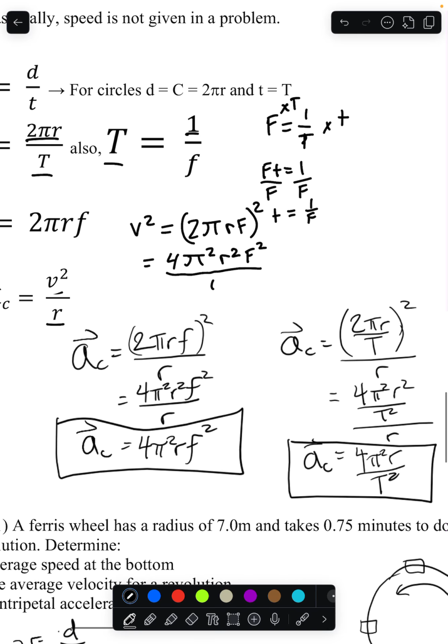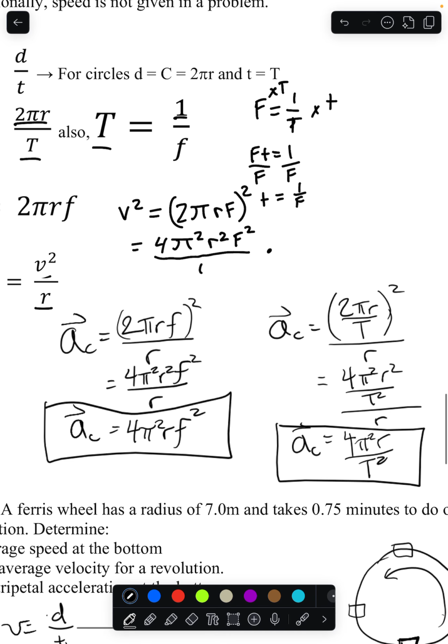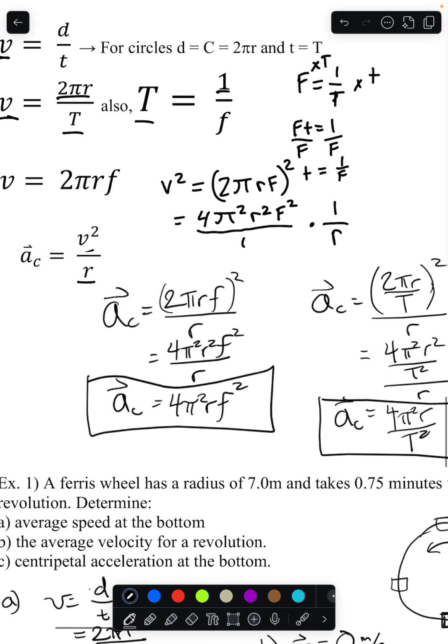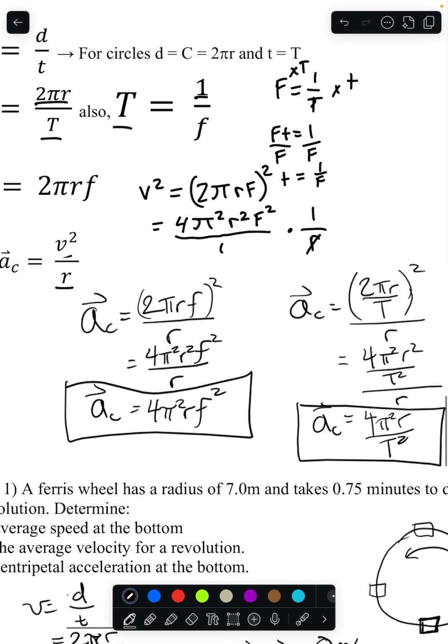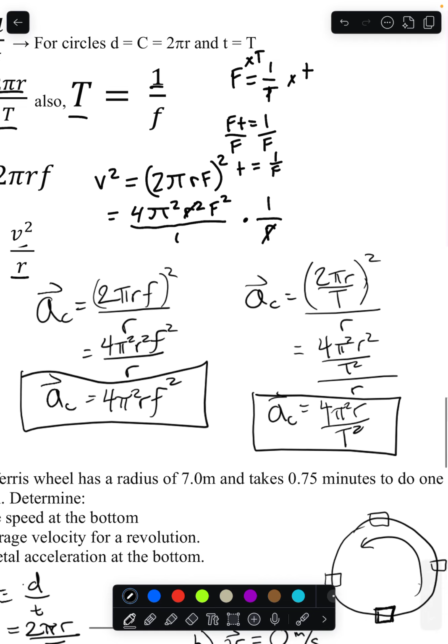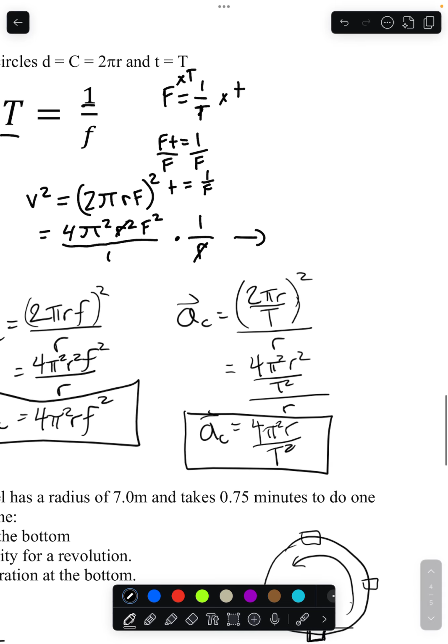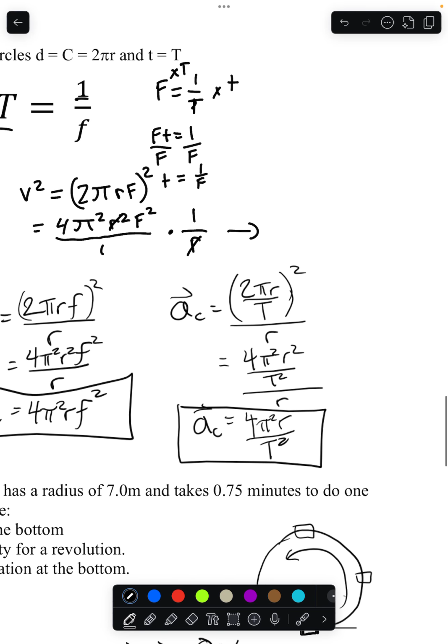But remember, this would be times 1 over r, because r is in the denominator. If we do that, we cancel out this r with one of these r's. So in the end, it will be 4 pi squared r f squared.